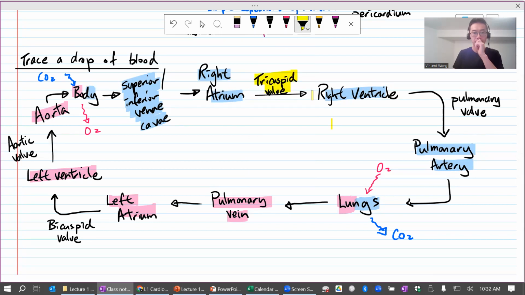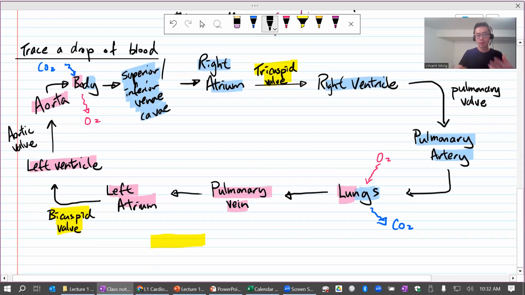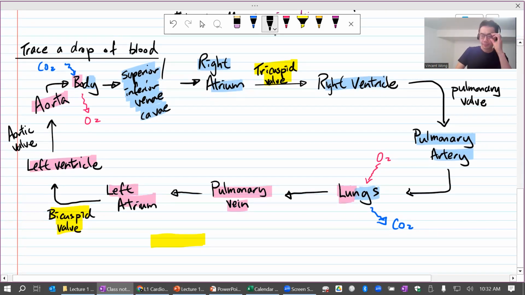I'm going to highlight this one here and this one. What should we call the yellow stuff? Atrioventricular valves. Yes, we are close. Atrioventricular valve, right? Semilunar is the other one. So this is AV valve.